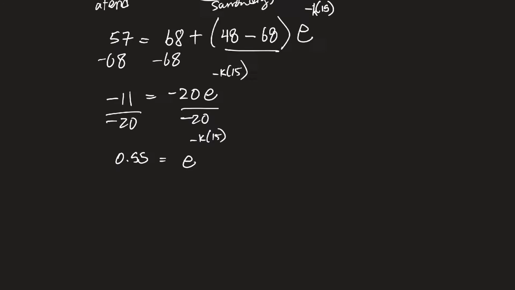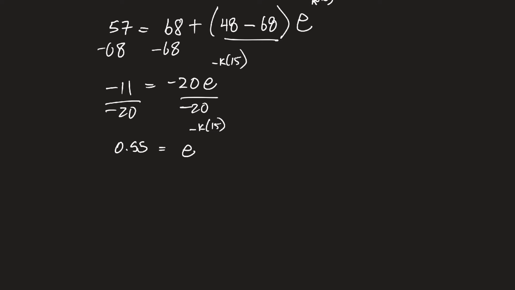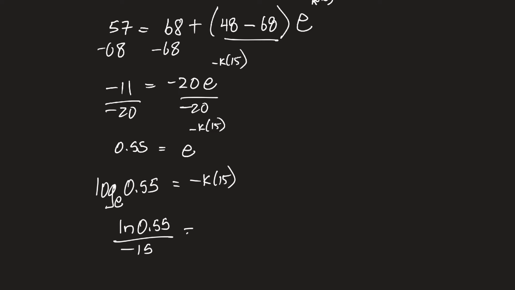Okay, that's feeling good. Now I can change it from exponential to log form. So it'll be log base e of 0.55 is equal to negative k times 15. And then log base e is the same as ln. So it'll be ln of 0.55 divided by negative 15 is equal to that constant of cooling. Okay, let's get the calculator out.